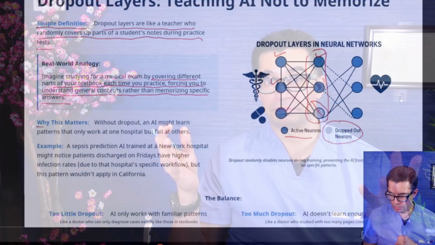Too little dropout, and the AI becomes like a student who only knows how to answer specific questions exactly as what he has memorized. And too much dropout, and the AI becomes like a student who studied with so many different textbooks and different sources, but at the end didn't learn anything useful. And why does this matter?